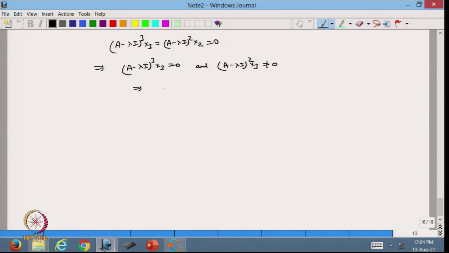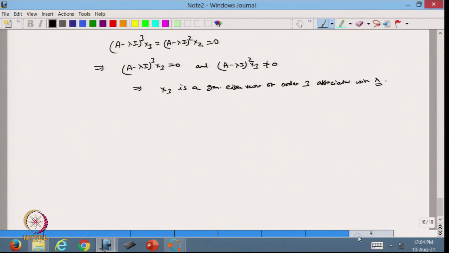So, I can say that x3 is a generalized eigenvector of order 3. x2 was of order 2, now it is order 3, associated with lambda.